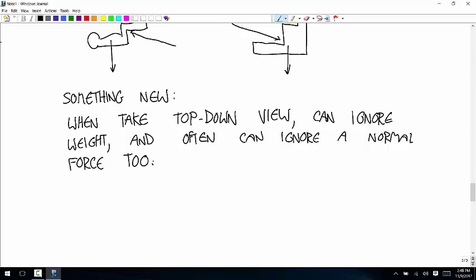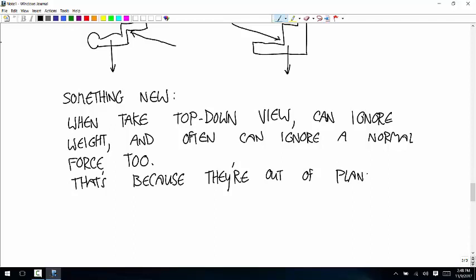They don't show up in our coordinate system. That's because they're out of the plane of the coordinate system.